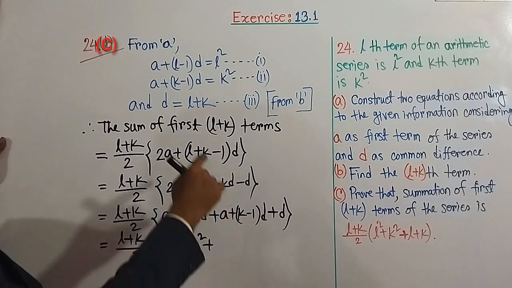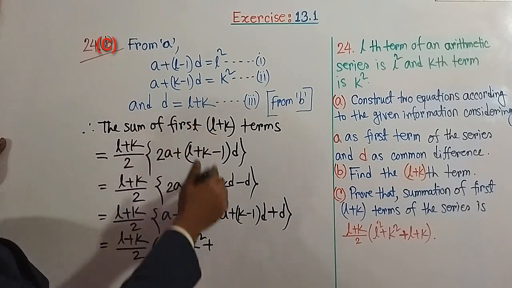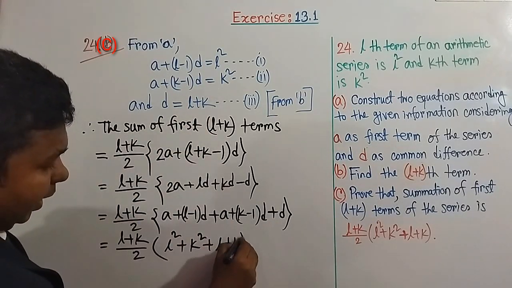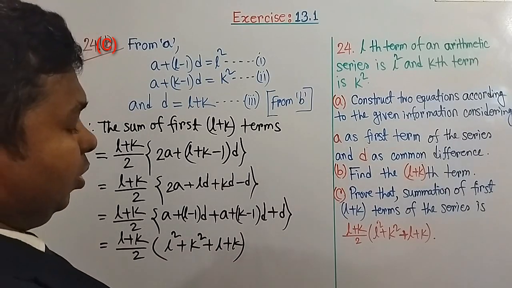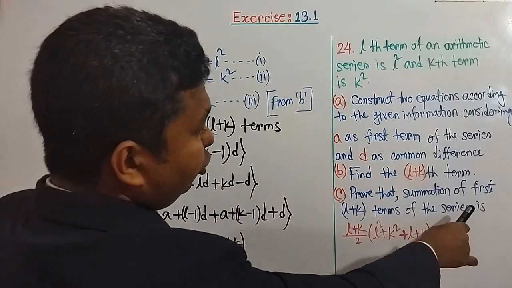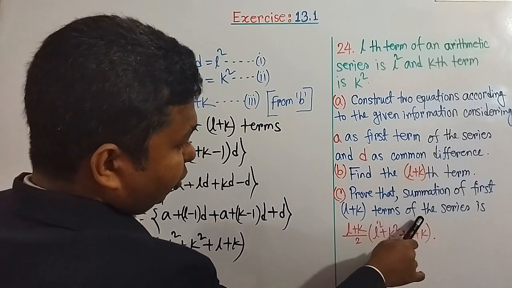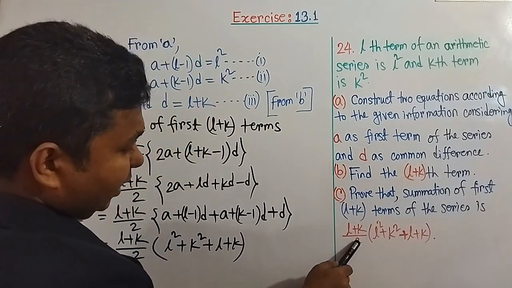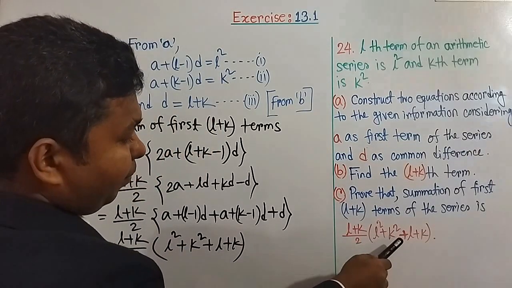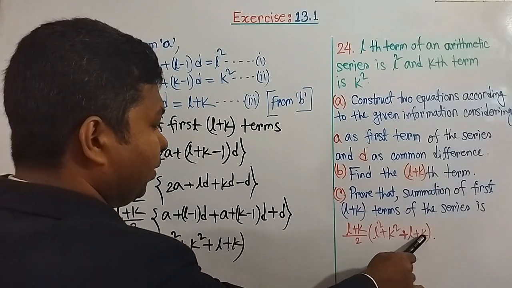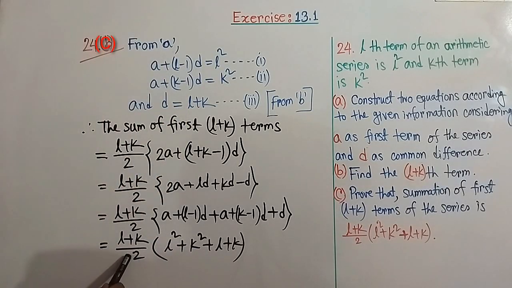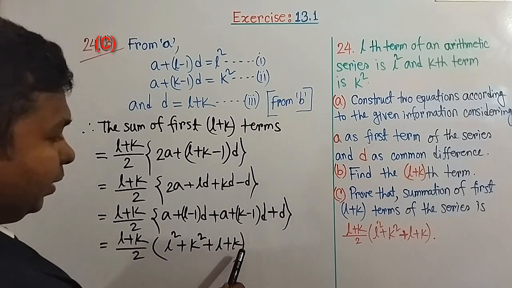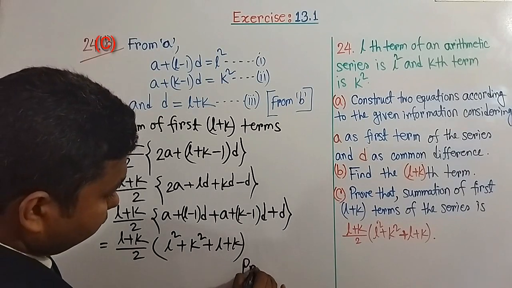The value of d is L plus k. So L plus k, and this is our required answer. We have to prove the summation of first L plus k terms of the series is L plus k by 2 into L square plus k square plus L plus k, and this is the required value. So proved.